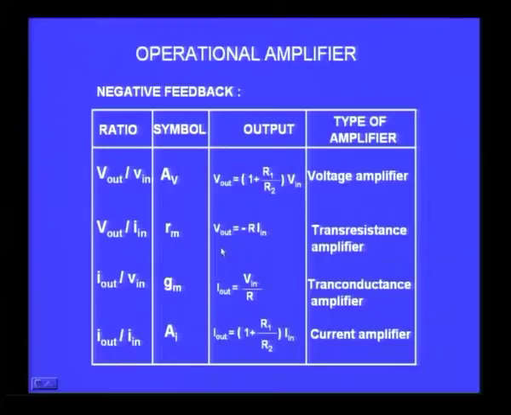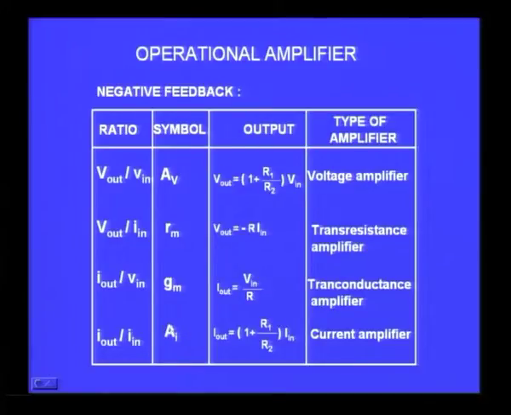Output voltage by input current gives me resistance, therefore this is a transresistance amplifier. And the third circuit is going to be a conductance. I out divided by V in: voltage by current is resistance, current by voltage is conductance, therefore this is a 1 by R value I will get for I out by V in, which I call GM, and this is a transconductance amplifier, which is also very useful in different applications.